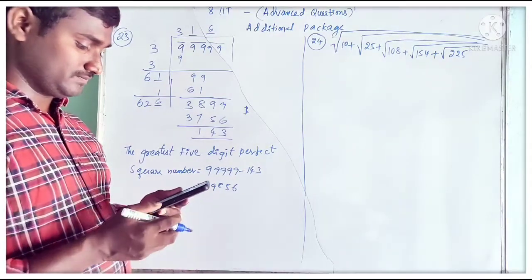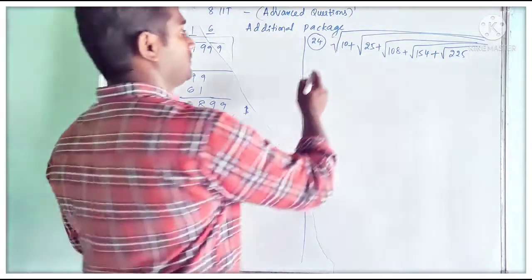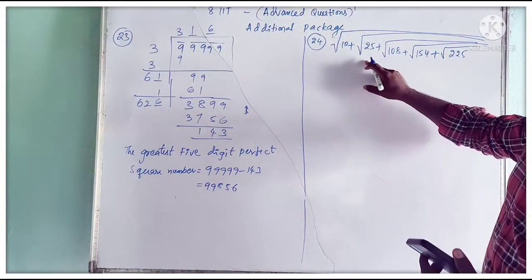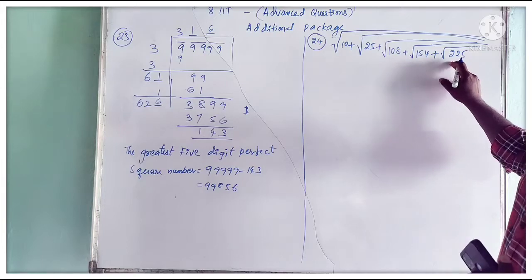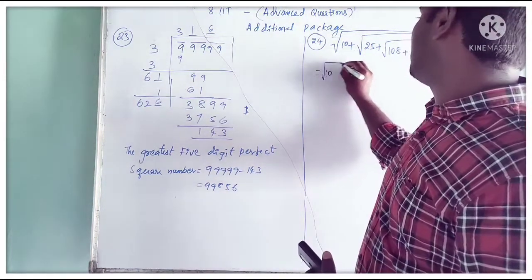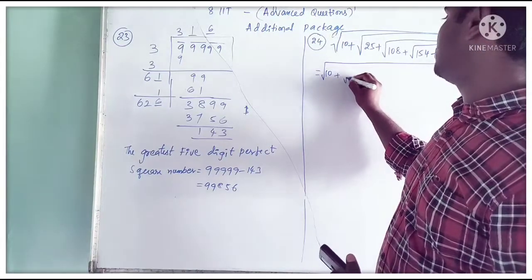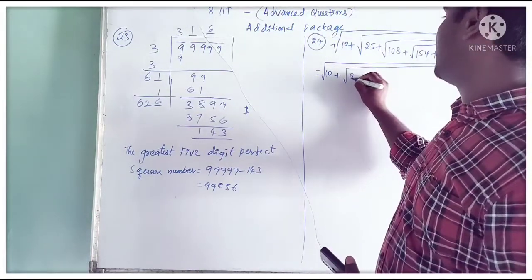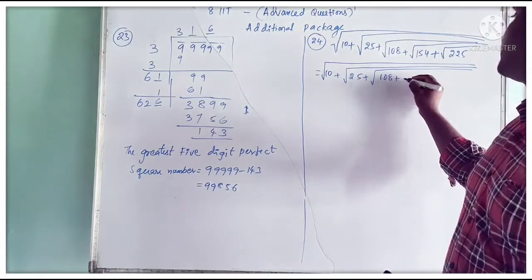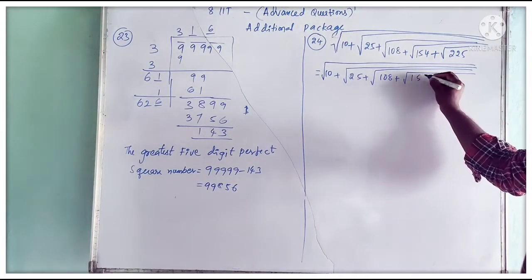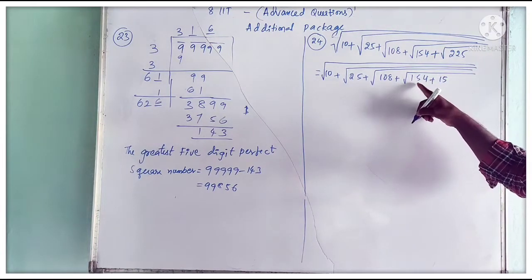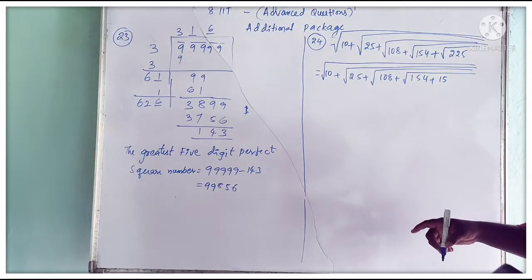Next question. Question number 24. Simplify these numbers. First we can simplify the last root inside the last root. So 225. That is equal to square root of 10 plus square root of 25 plus square root of 108 plus square root of 154 plus square root of 225, which is 15. So 154 plus 15 is 169.